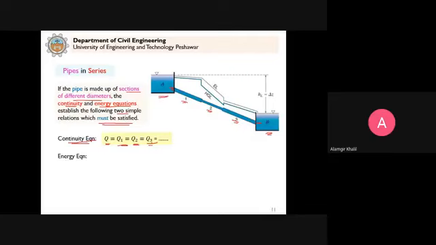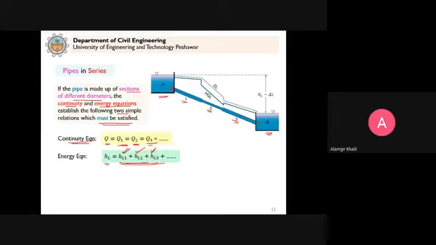And the second one is the energy equation. The energy equation says that the total head loss will be equal to the sum of head losses through all the pipes. So for example, if we have 3 pipes, then this is equal to the head loss that occurs through pipe 1, similarly the head loss through pipe 2 and the head loss through pipe 3.